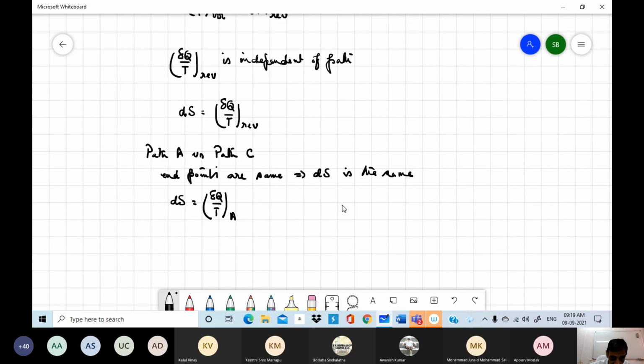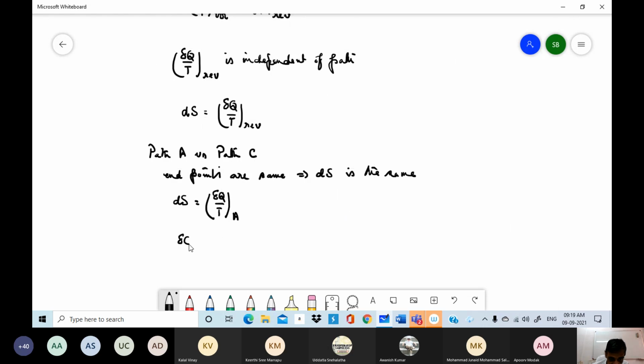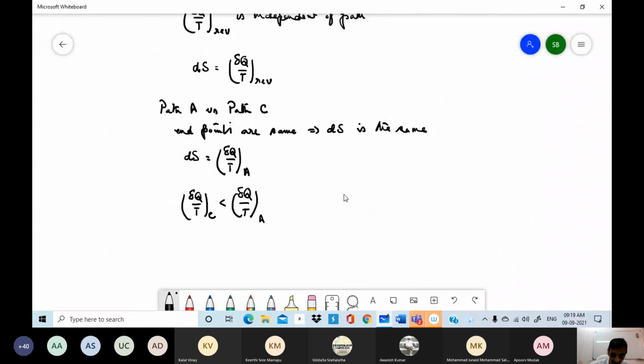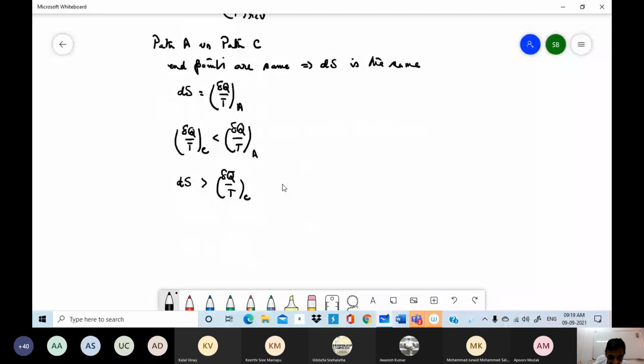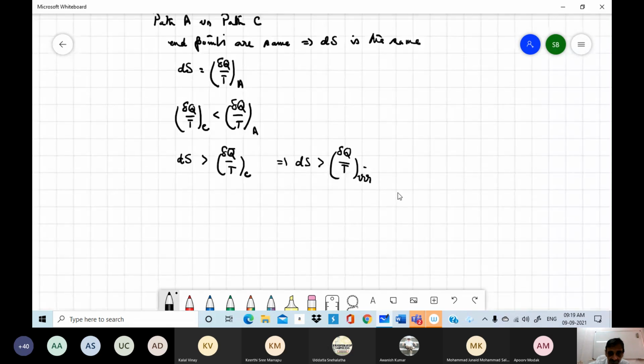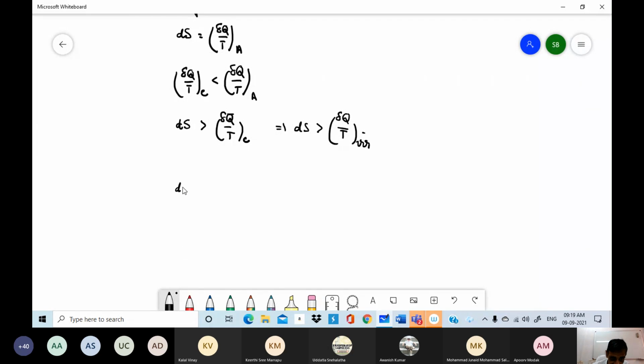Now, delta Q by T of path C is less than, which means the dS is greater than delta Q by T of C. So dS is greater than, so then we define a generation of entropy for an irreversible path.